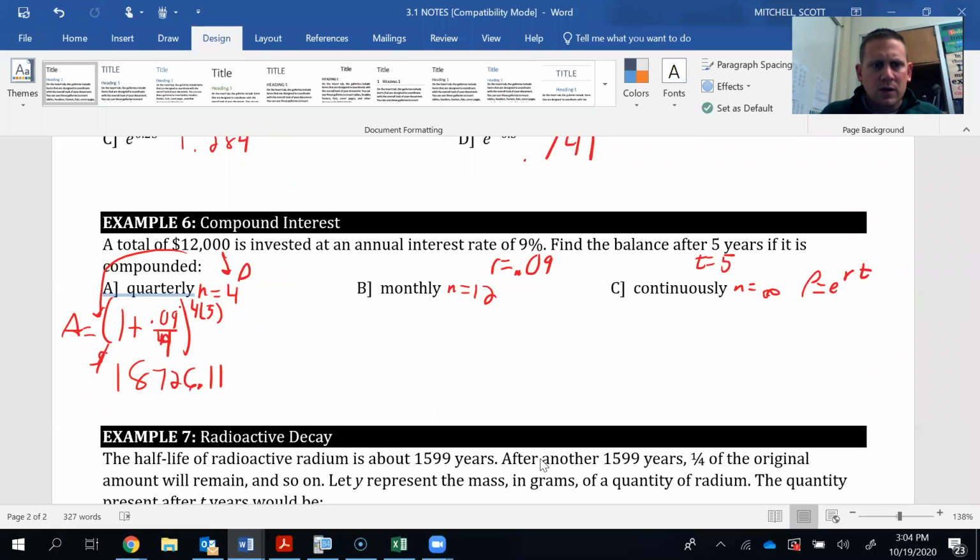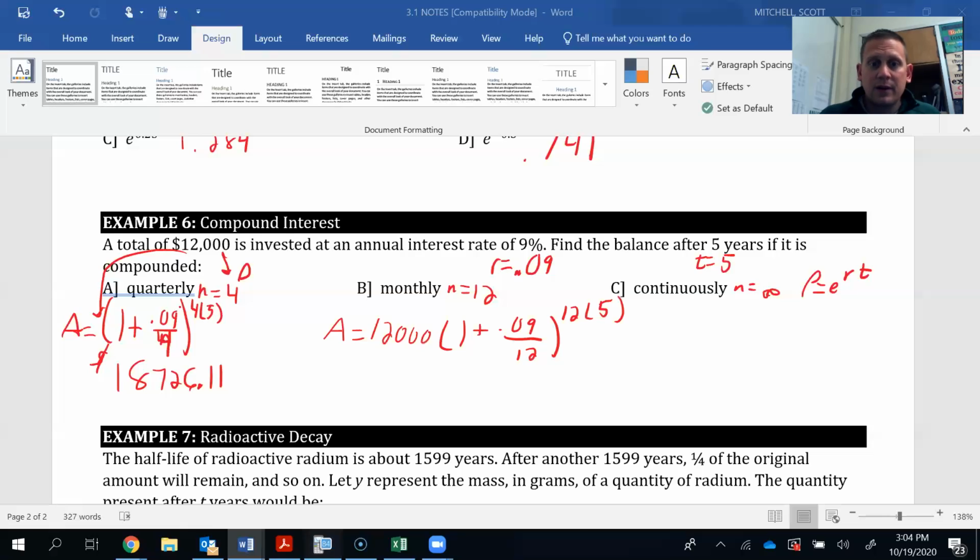Here we go. So we're going to take A, we're trying to find the amount that's in the account. We start with $12,000, so we're just comparing if they compound it monthly instead of quarterly. Most banks compound monthly. So we plug in 12,000 for our principal. Formula has 1 plus 0.09 over 12 is N. And then that is to the 12 times 5 power.